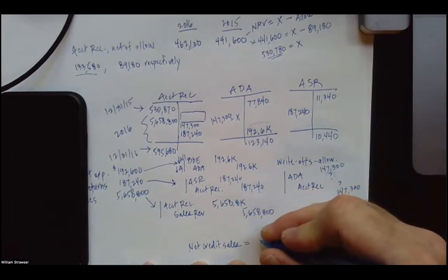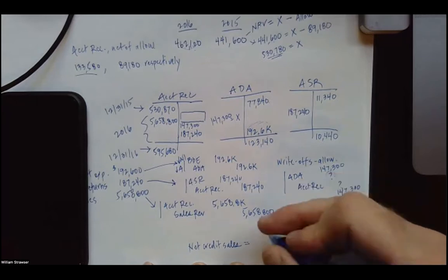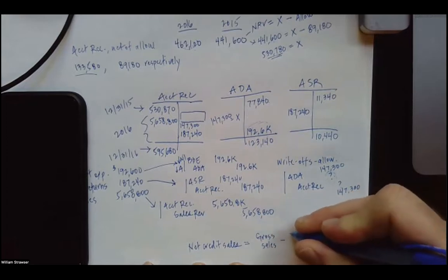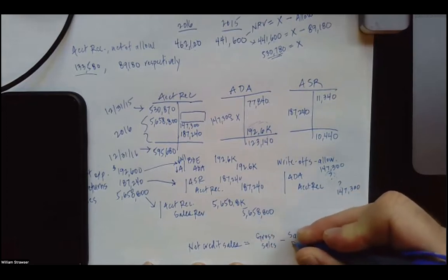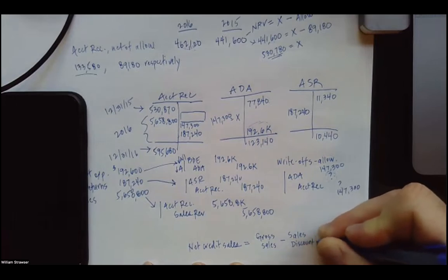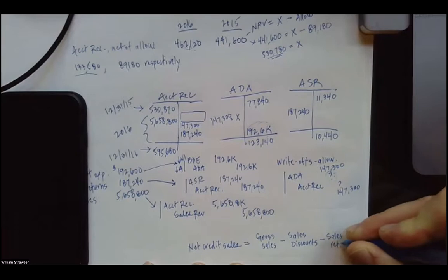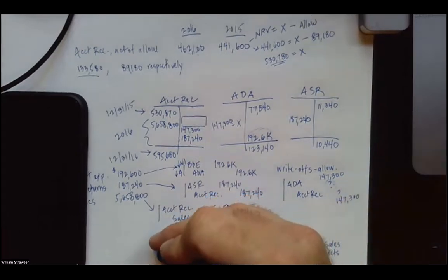If we are using the gross method, then it's going to be my gross sales minus any sales discounts minus any sales returns. This is using the gross method.